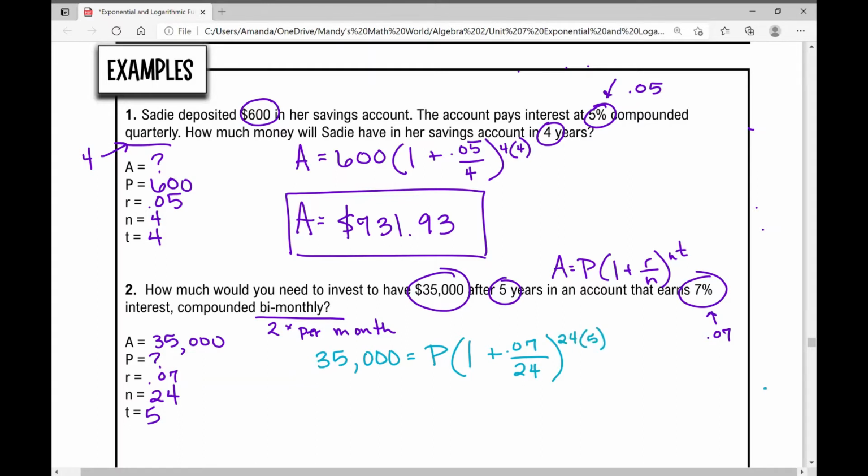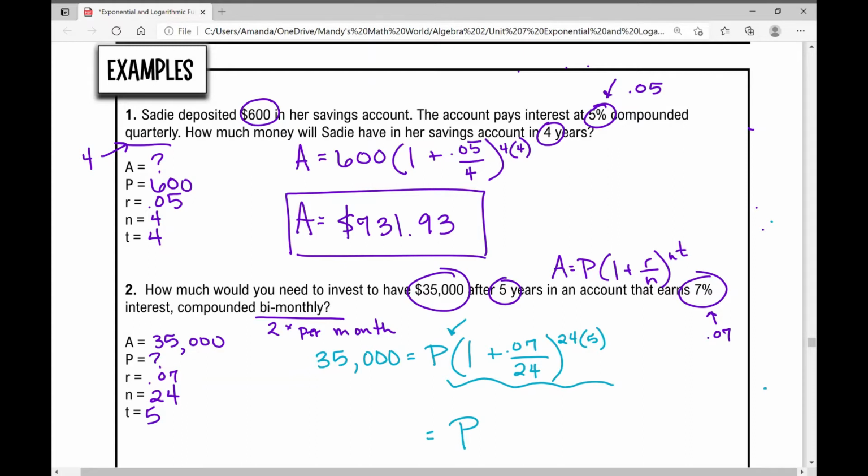Now, if I'm looking at this and I want to find P, I'm going to use basic algebra to get P all by itself, which is that principal. Remember, this is P times this entire expression. So how do I get P all by itself? I divide both sides by that entire expression, and I'm going to get P all by itself over here.